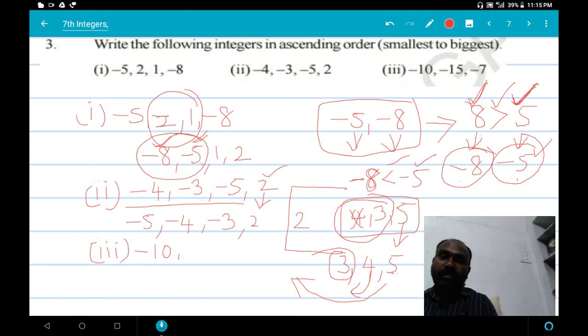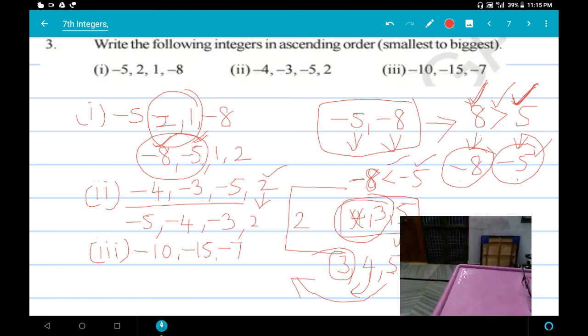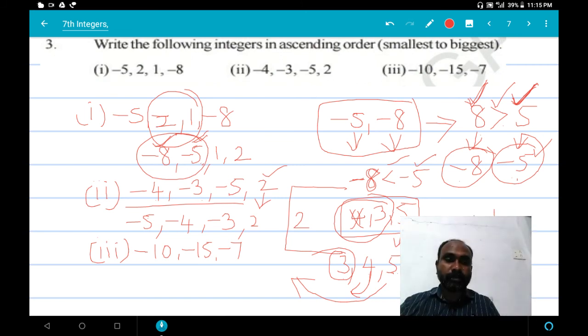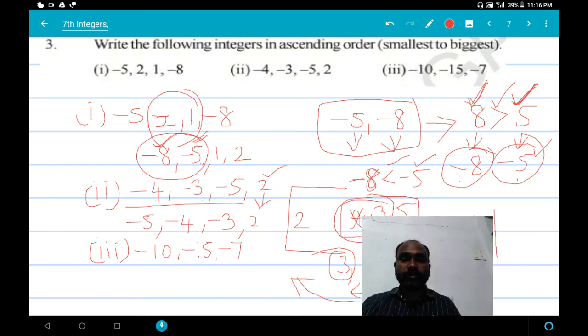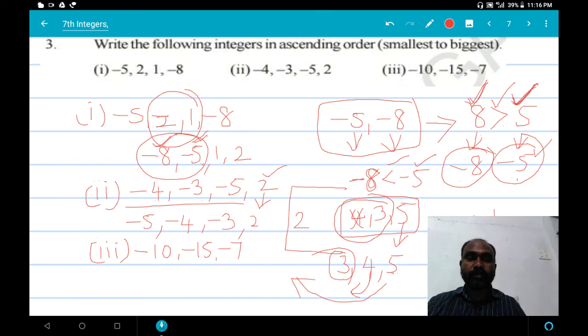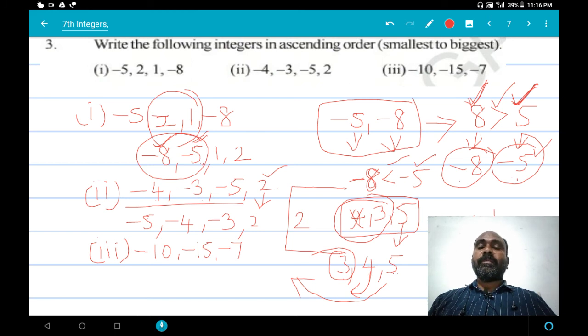Minus 10, minus 15, minus 7. Here there is no positive integer, only negative integers. Without signs, they are 10, 15, 7.